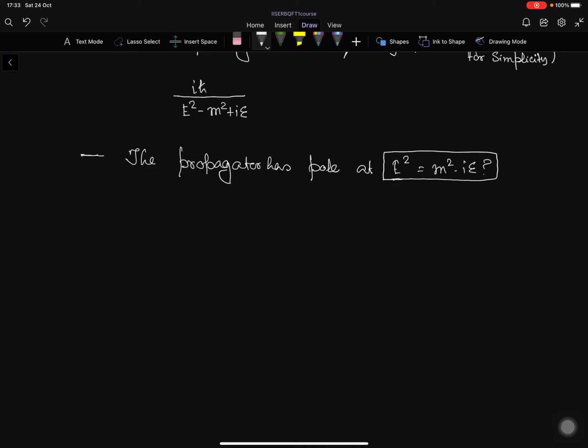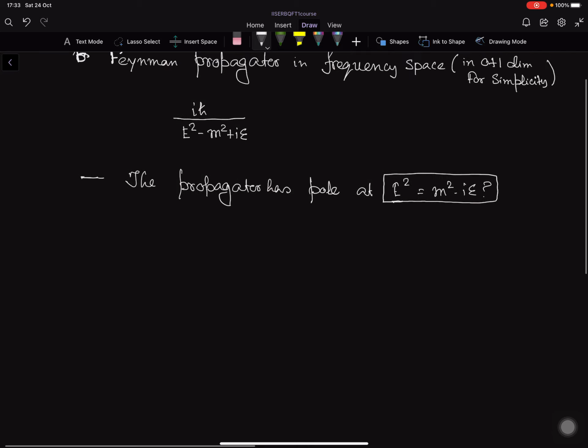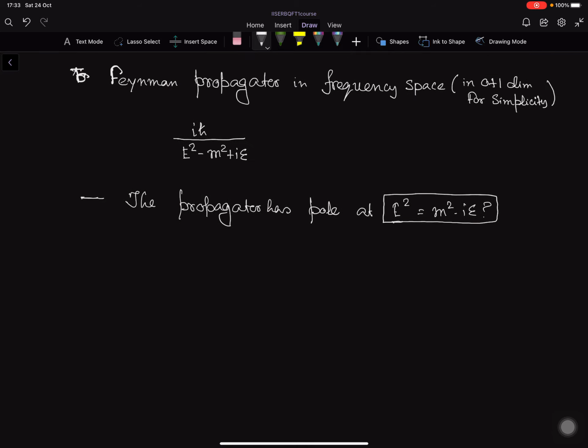As we will discuss, first for the 2-point function and then in general for arbitrary higher point functions, this analytic structure in the frequency space knows about the spectrum.